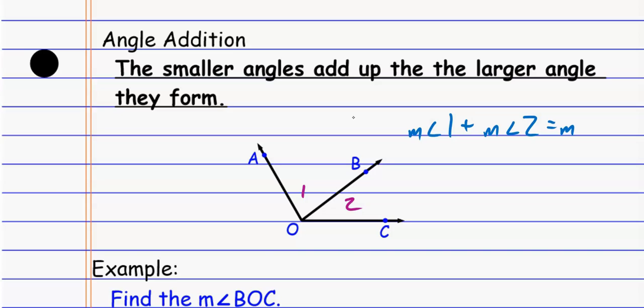I can't label it with a number. I have to use my connect the dots. So start at A, it's A to O to C. And I forgot my angle symbol like a crazy person. But again, it's just showing me, hey, the two smaller angles add up to the whole angle. That's it.